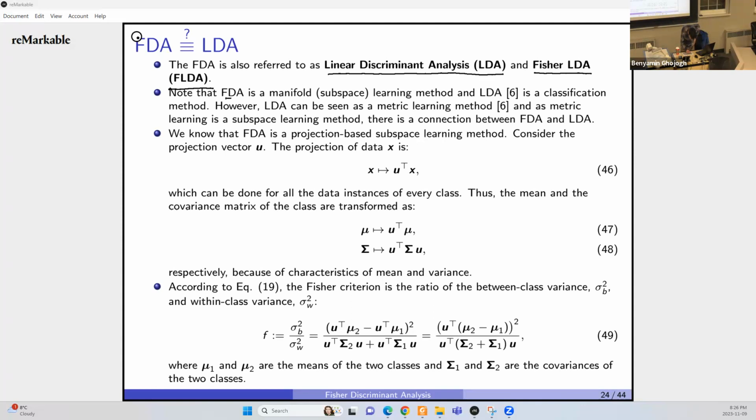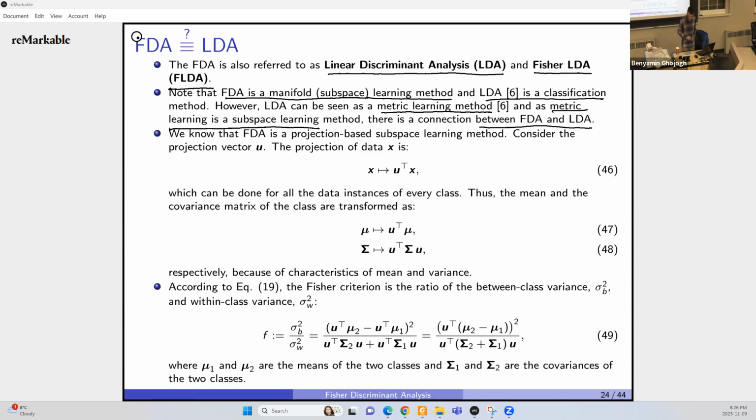FDA is a manifold or subspace learning method. LDA is a classification method. However, LDA can be seen as a metric learning method. Do you remember in the LDA lecture, I showed you that LDA can be seen as metric learning? So metric learning is also a subspace learning method. So there is some connection between FDA and LDA.